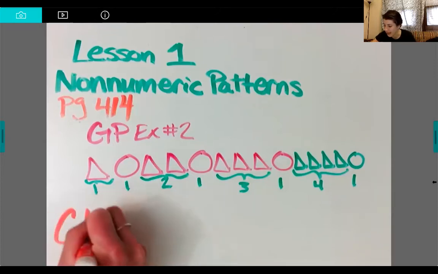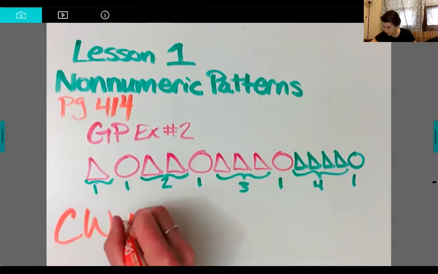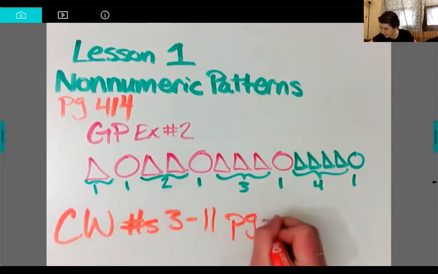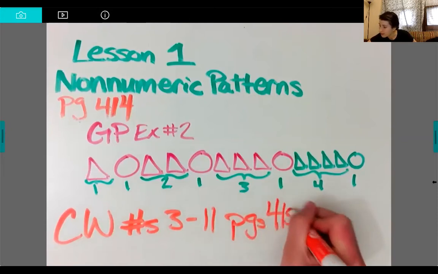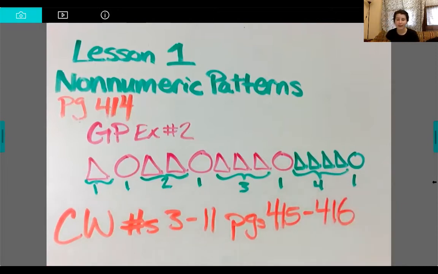So your classwork today is numbers 3 through 11 on pages 415 to 416. Okay? That's your classwork for today. I would like you to take a picture of these 2 pages and upload them on Seesaw for Miss P to take a look at.